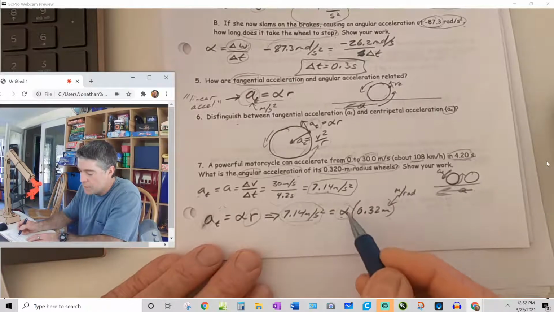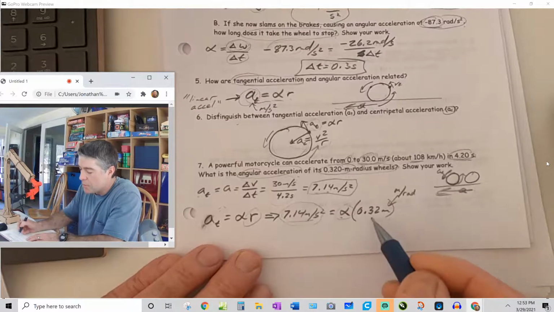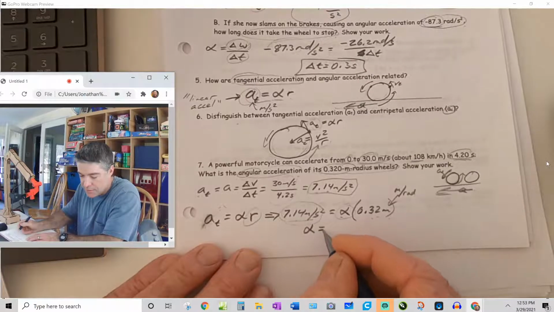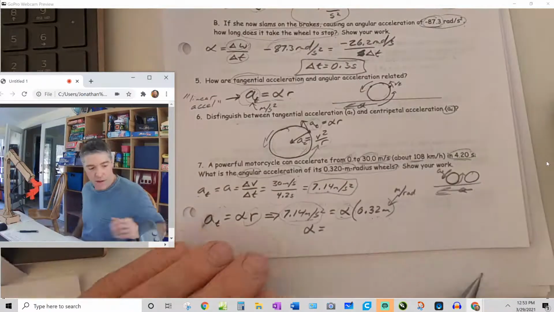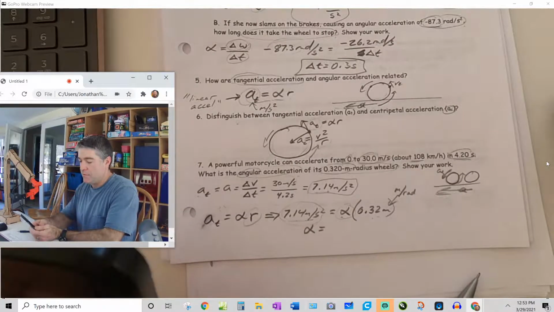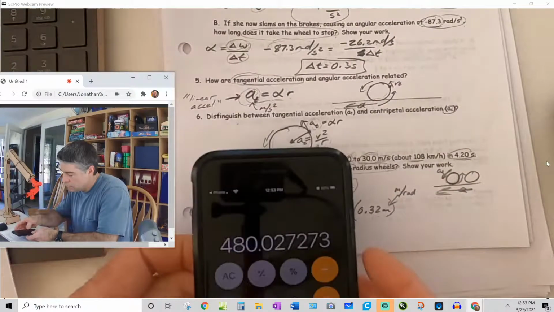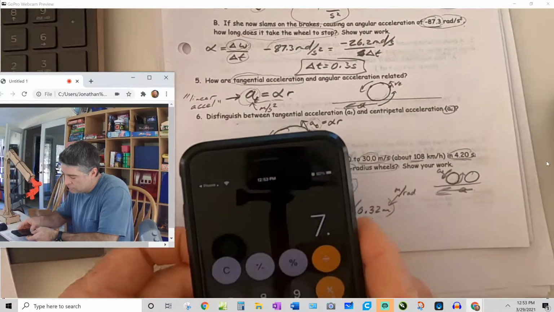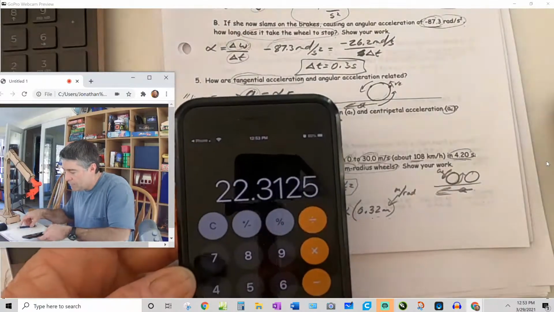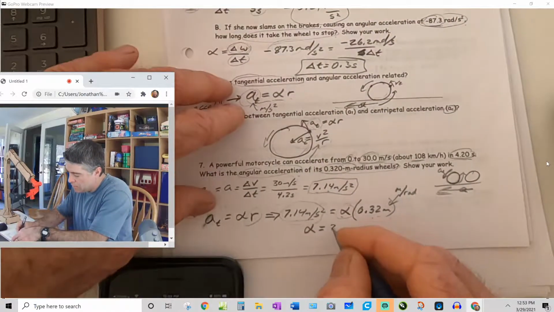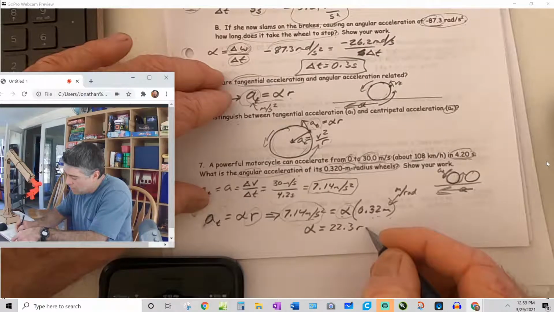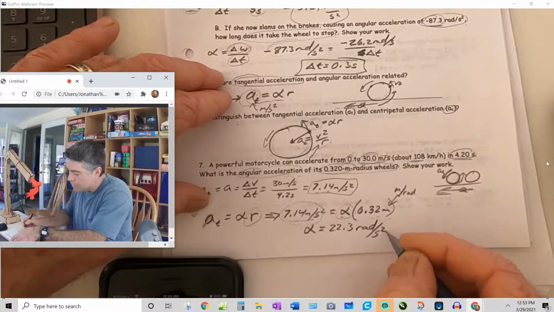So to solve for this, I divide both sides by 0.32. 7.14 divided by 0.32 is, I've covered up my answer, I'm going to have to actually calculate it. 22.3, and this should be radians per second squared.